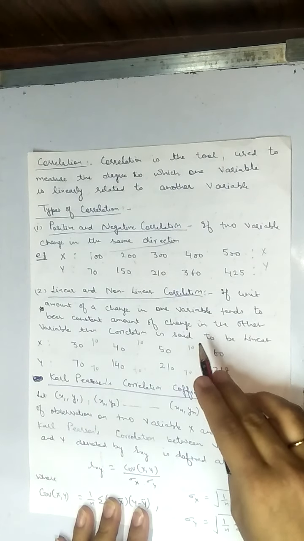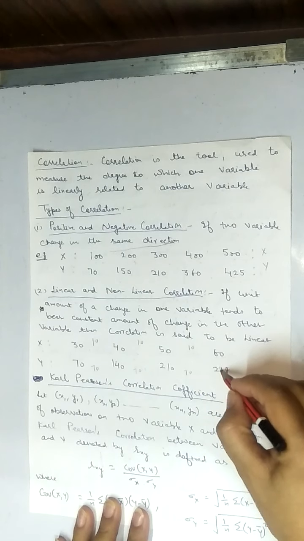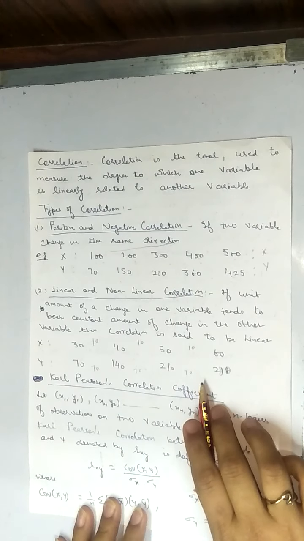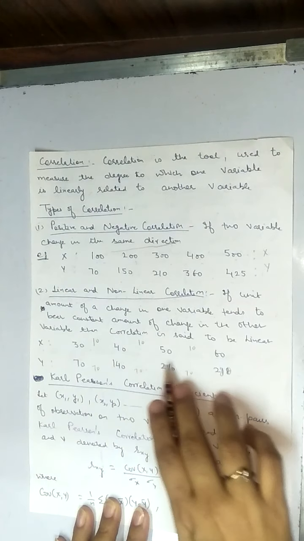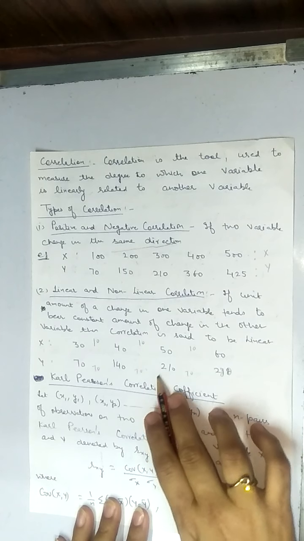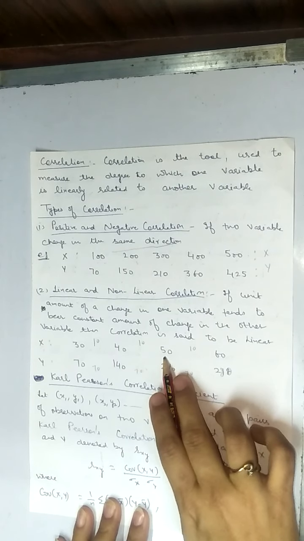So this is our linear correlation. If the difference between the observations of x and y is not the same, then that correlation is non-linear correlation.